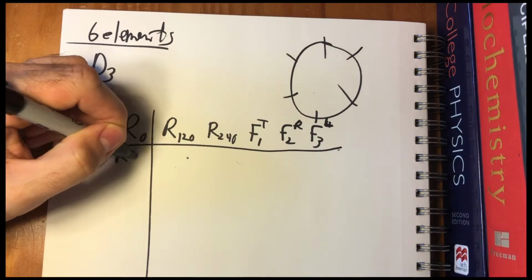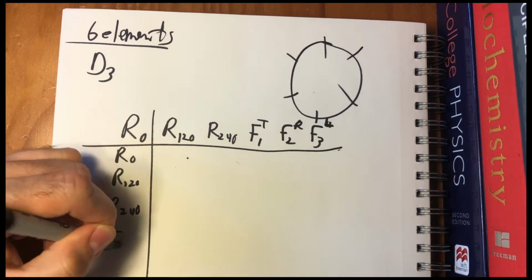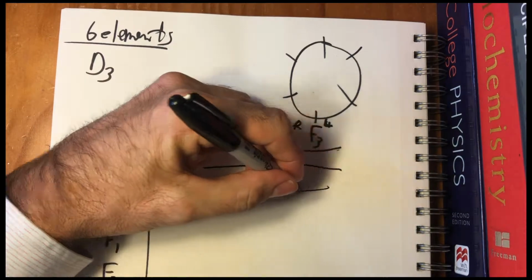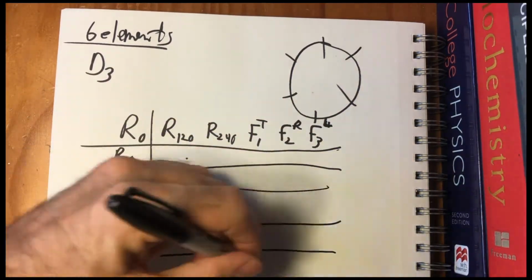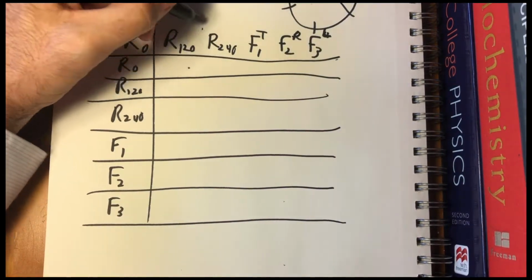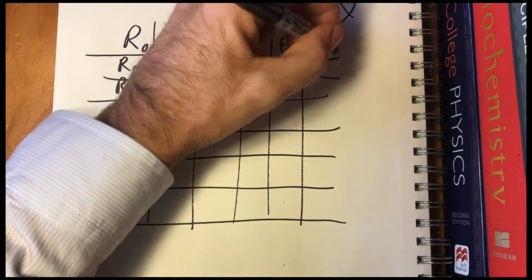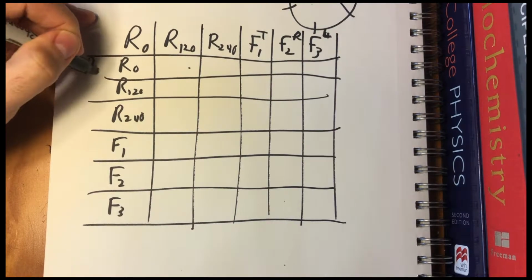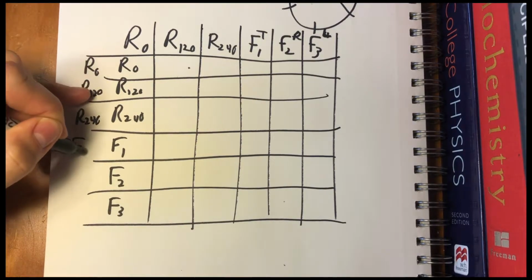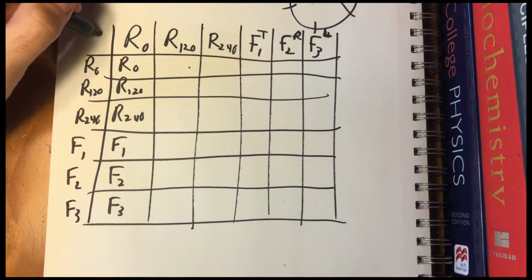So we have R0, R120, R240, F1, F2, F3. So let's just see what we get here. Oh, whoops. I made a mistake. I need one more row here. So we'll just call that star.